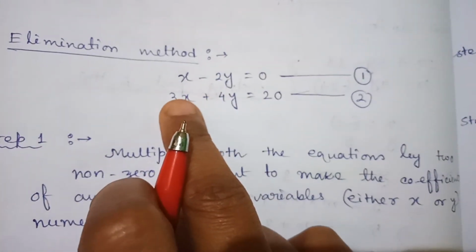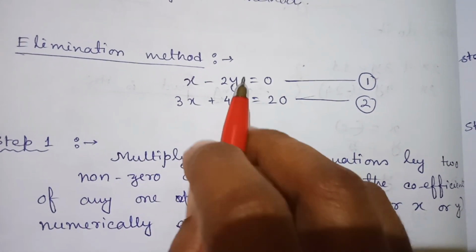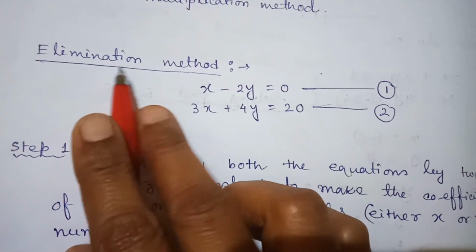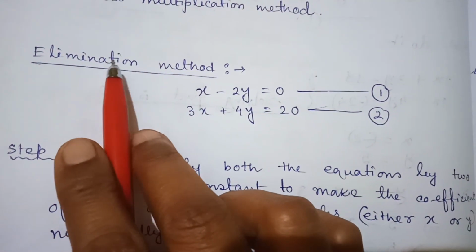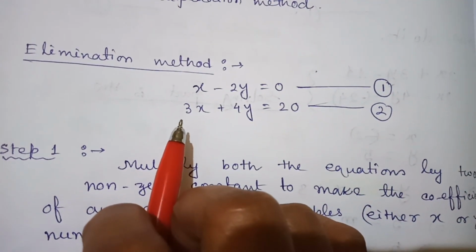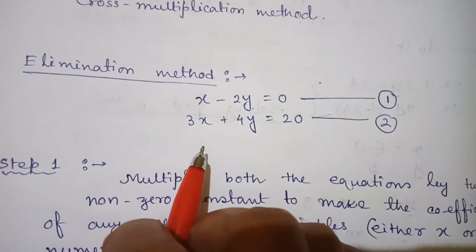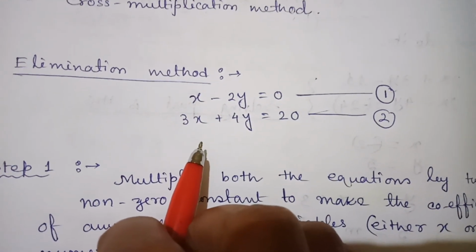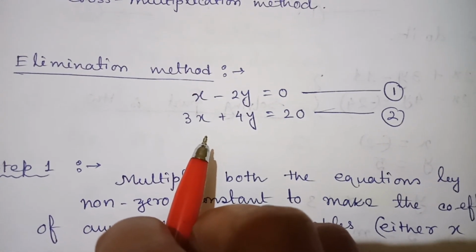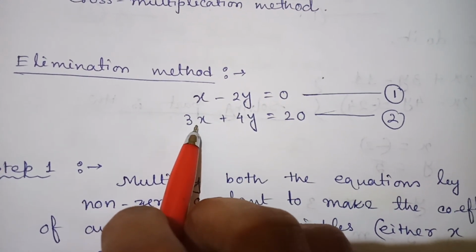I am choosing x to be eliminated. You can choose y to be eliminated, no problem. The name elimination method actually came from the process of elimination. Elimination means we need to cancel one of the variables so that another variable's value will be very easy to find. I am choosing x.